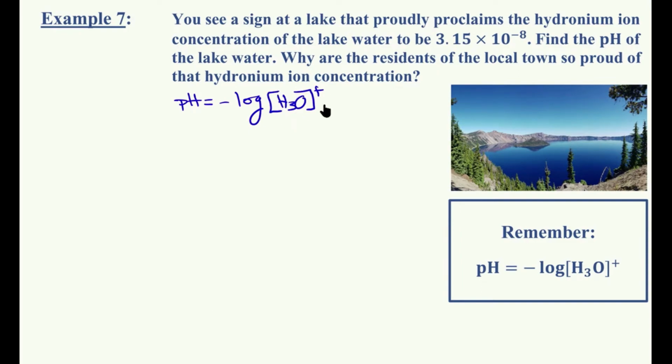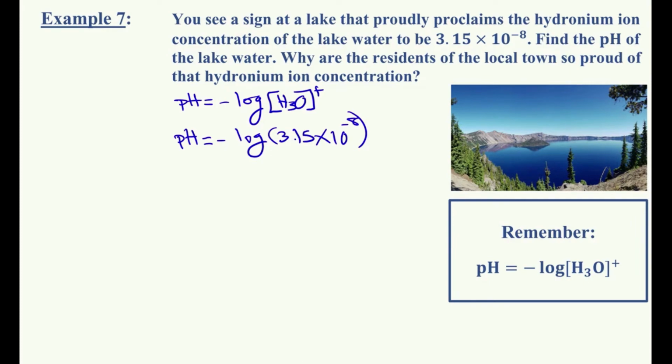In this case, the hydronium ion concentration is given, and we want to find the pH. So we're just going to substitute this number where we see this H3O plus. So we get pH equals negative log of that number, 3.15 times 10 to the negative 8.